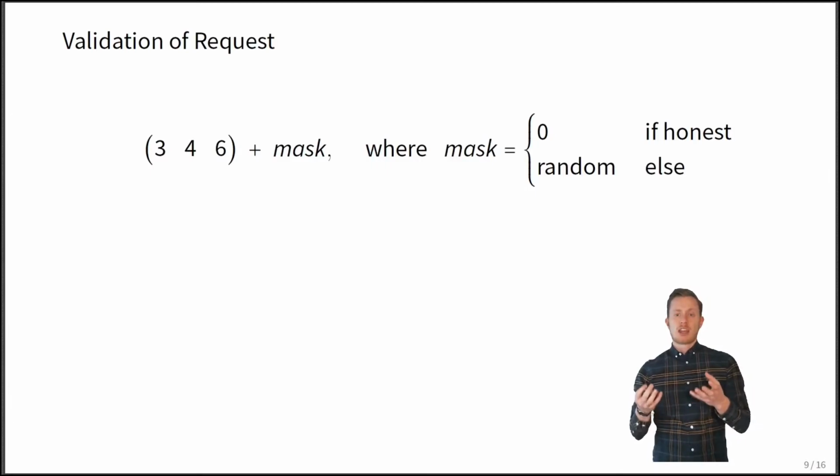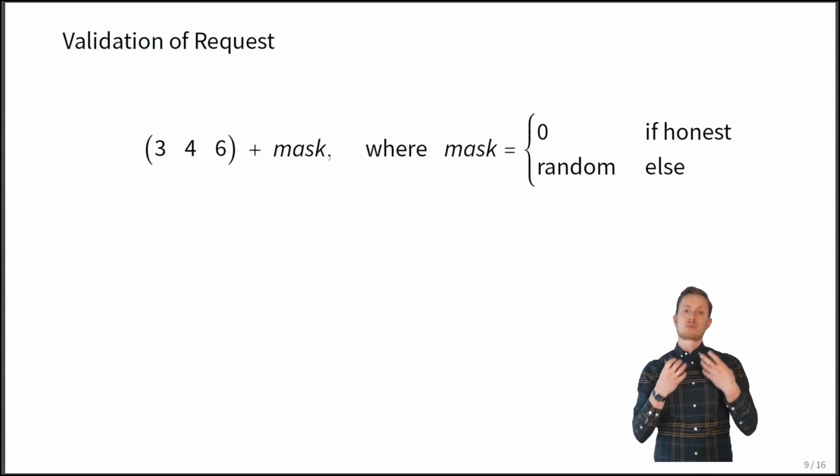And since we cannot look into the ciphertext, we use some techniques that are known from bulletproofs. On a higher level, we want to have a mask, so we want to add this mask to the result in the end. And this mask should be 0 if the researchers are honest, and it should be random if the researchers were malicious.